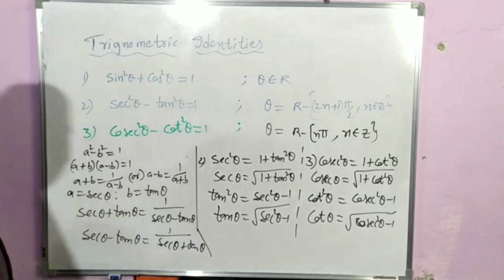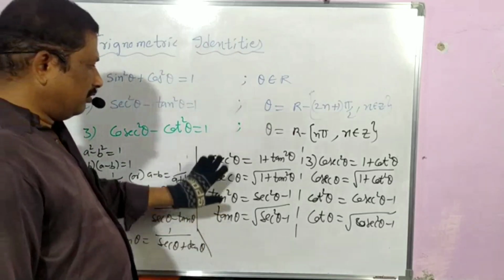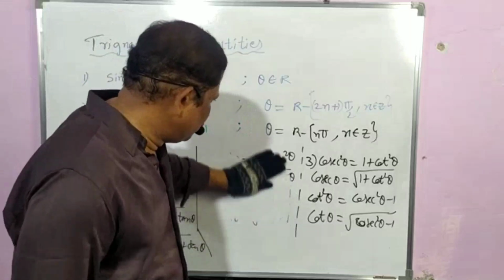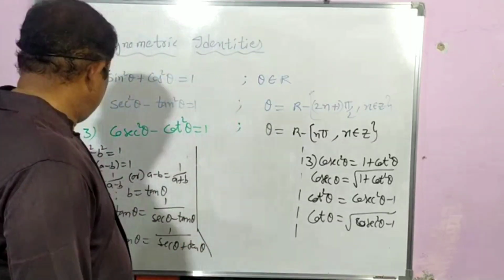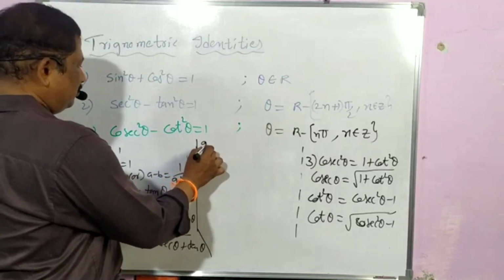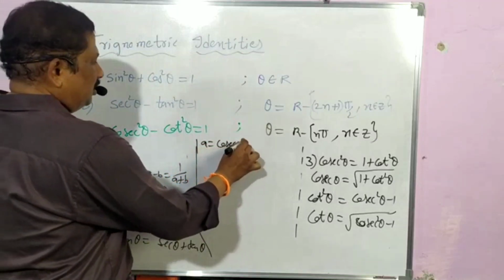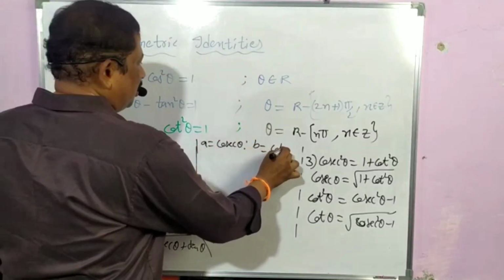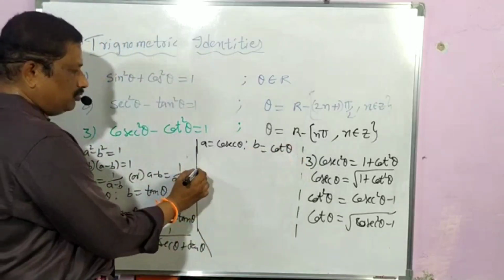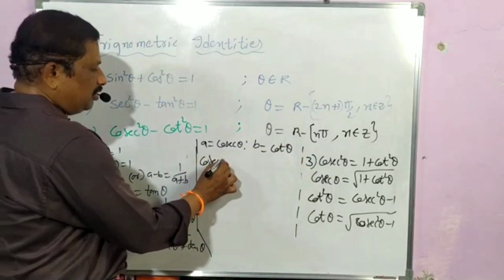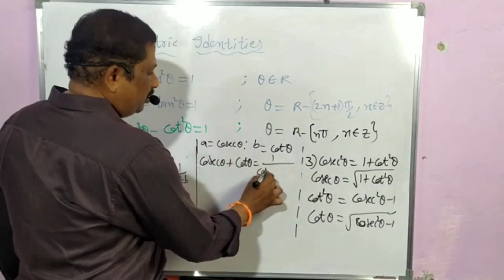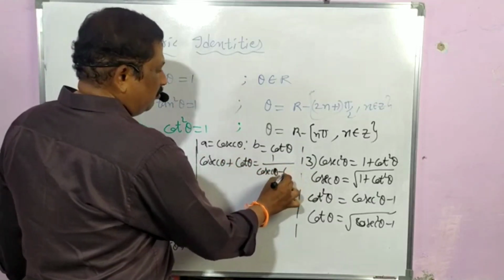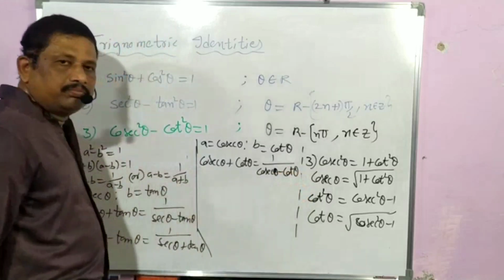In the same way, for the third one we can also write another form. Here a is equal to cosecant theta and b is equal to cot theta. So cosecant theta plus cot theta is equal to 1 by (cosecant theta minus cot theta).